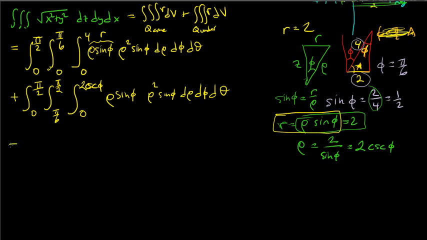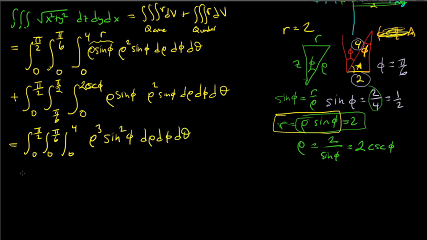I guess I'm just going to write it all over again. Pi over 6, and then 0 to 4. So rho times rho squared is rho cubed, but we also get sine times sine, which is sine squared. Okay, so that's the first set of integrals.